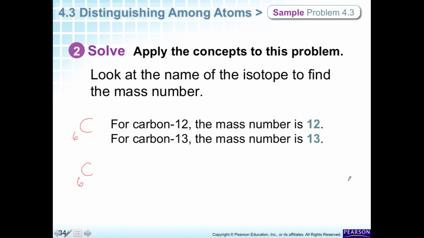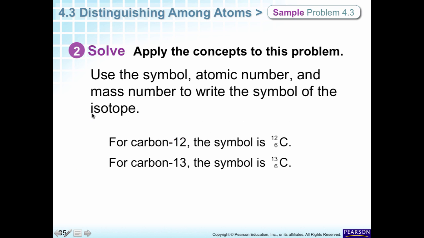Okay, but they have different mass numbers. And so this here tells us the mass number. We don't even need to know the neutrons because it was given in the name. So this would be carbon 13, and this would be carbon 12. So there we go.